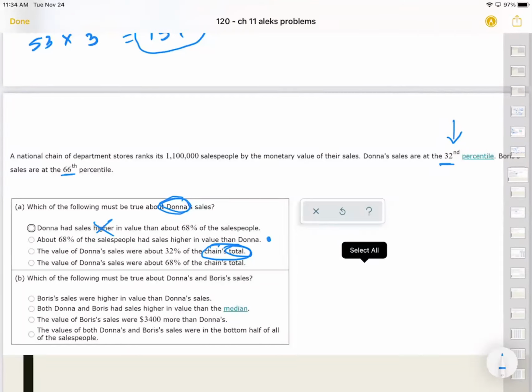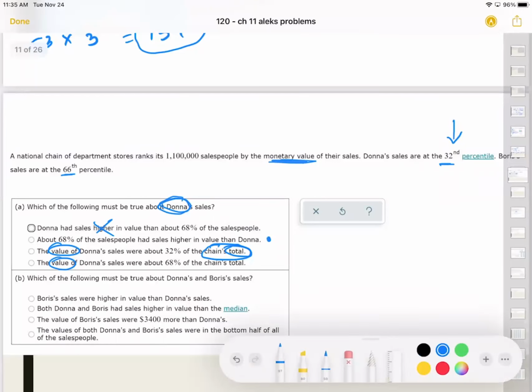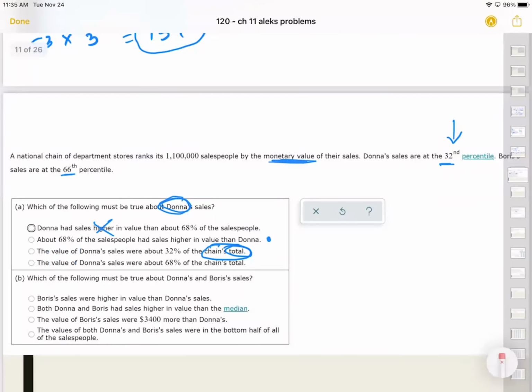The percentile only tells you the position of your item. It does not tell you that you make $30 a day or 35. It just tells you that you are at that position. So we cannot convert the percentile to the value because we don't know the value.